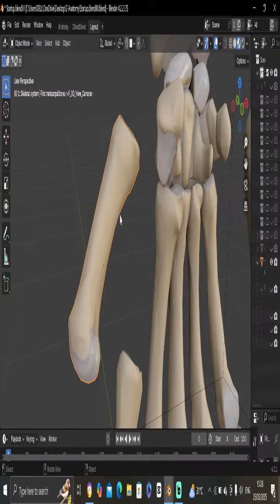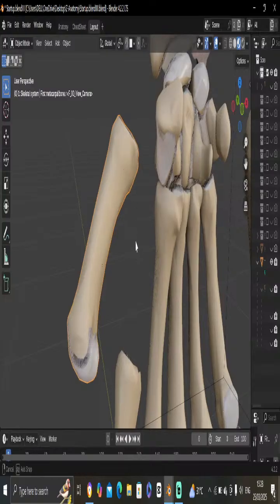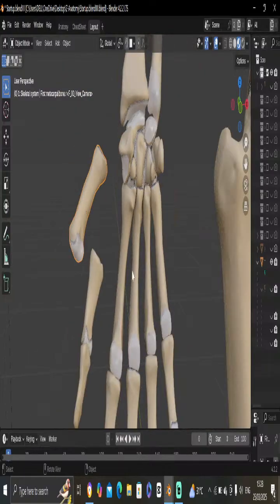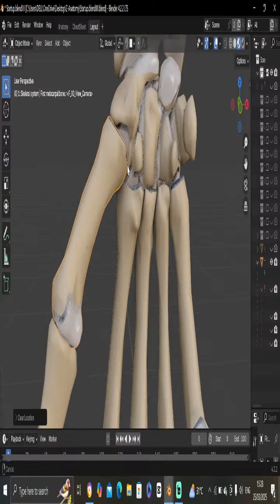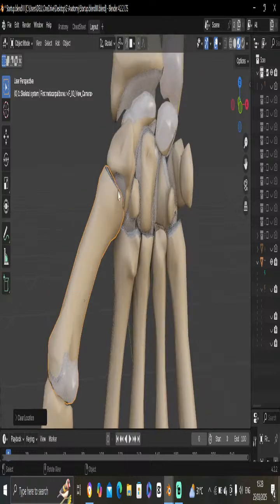So the first metacarpal is shorter when you compare it to the others, and more robust than the other metacarpals. And the first metacarpal, just as we said, attaches to the trapezium. This is a saddle joint.